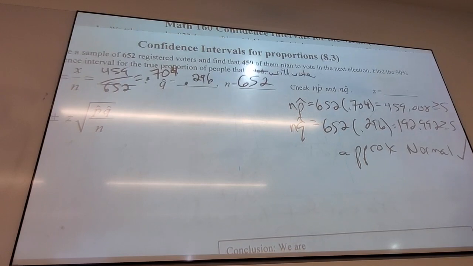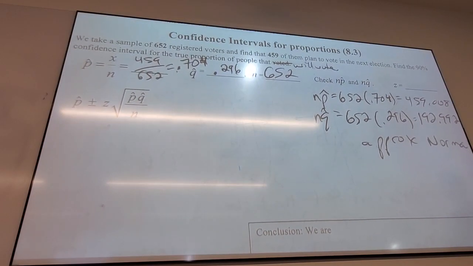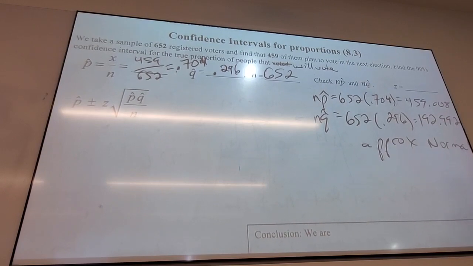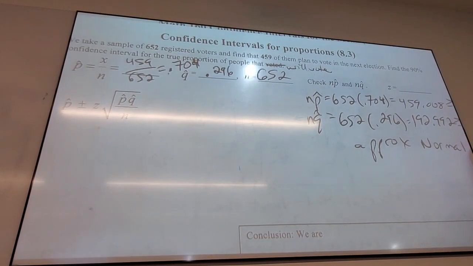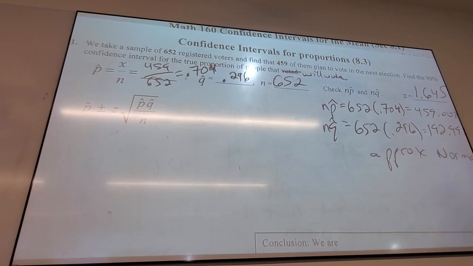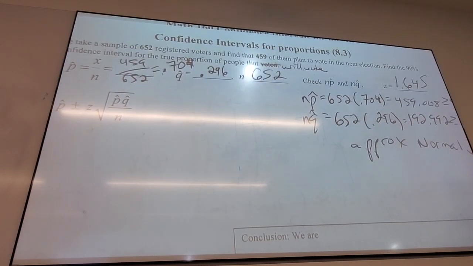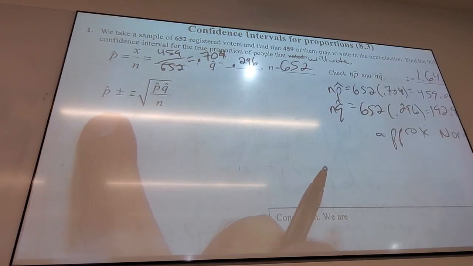So now what are you allowed to do? Use a chart. So I want to be 90% confident. We just looked that one up. Does somebody remember what that was? 1.645. Cool. There's the formula that we created earlier, just written so you can actually read it.